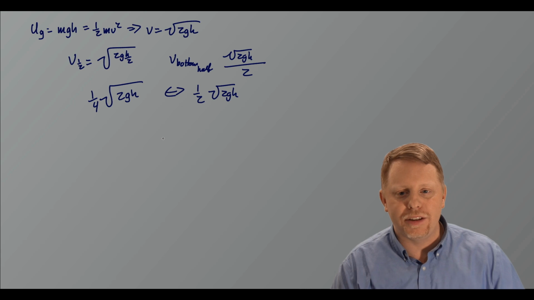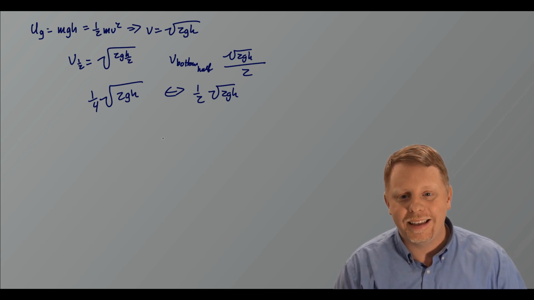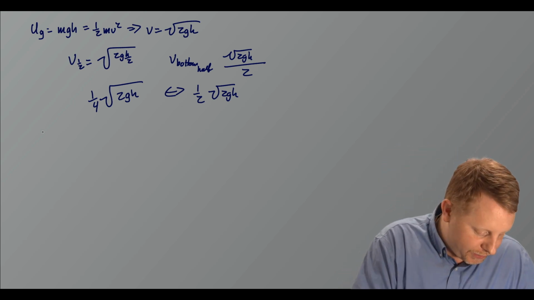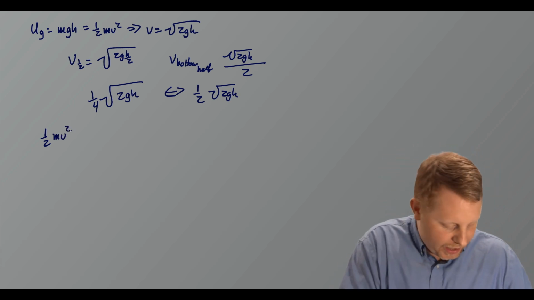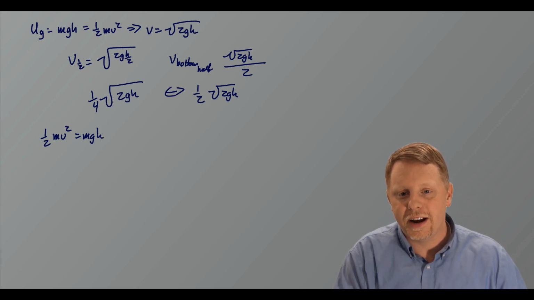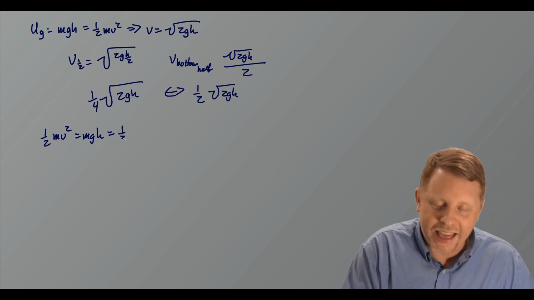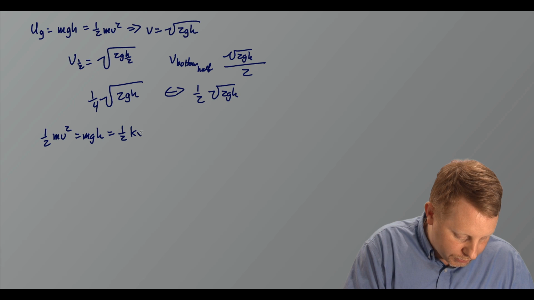All right, part B: derive an expression for the maximum compression of the spring. Well, again, we've got a conservation of energy problem. What we have is 1/2 mv squared, the kinetic energy, equal to mg delta h, the change in gravitational potential energy, which is then going to become the elastic potential energy in the compressed spring, 1/2 kx squared.